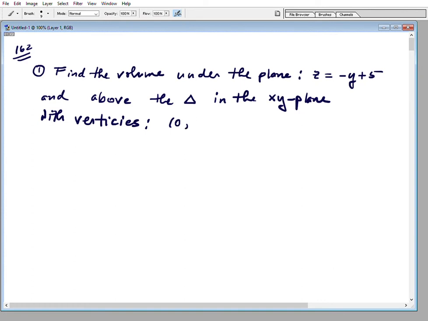Okay, so we have 0, 0, 2, 2, 6, 0. Okay, so what we do is start with drawing this triangle in the xy plane.